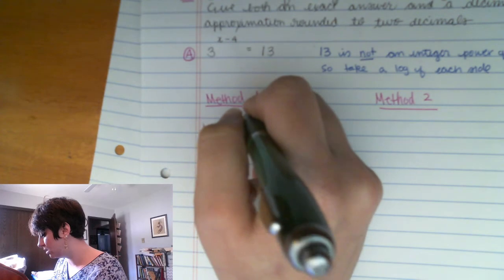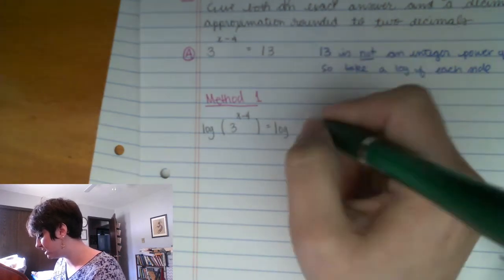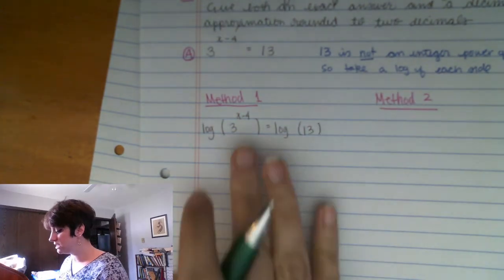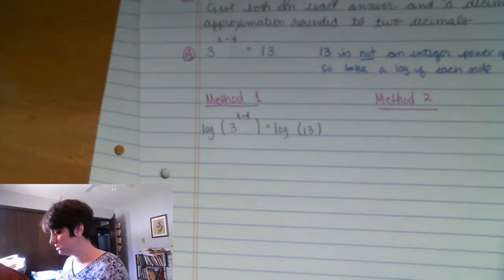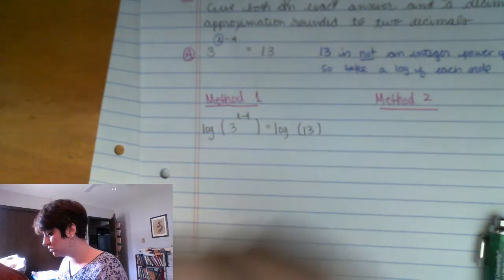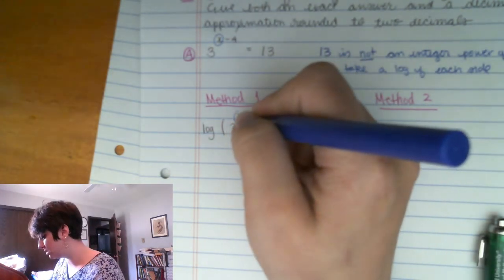So I'm going to take a log of each side, and I've left a little space here so I can pick out the base. Now, since I'm trying to get this variable out of the exponent, this guy's trapped. Woe is him. He is trapped inside of the exponent of the 3.